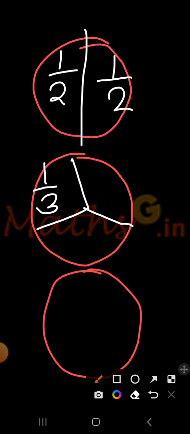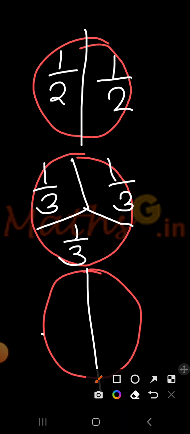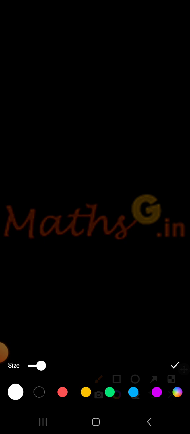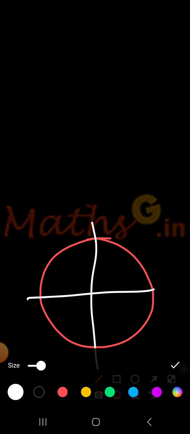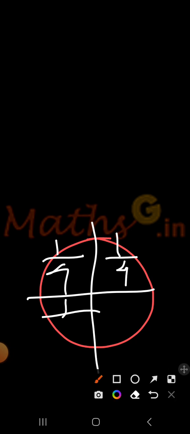The first part is 1/3, the second part is 1/3, the third part is also 1/3. I divided the whole cake into 4 equal parts. So this will be 1/4, this will be 1/4, 1/4, and this will be another 1/4.